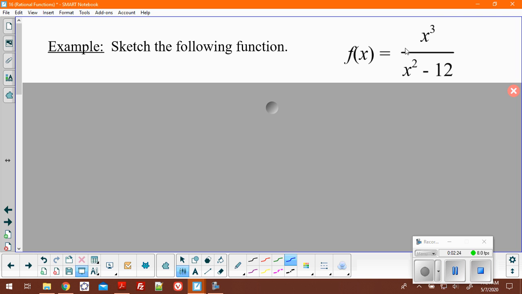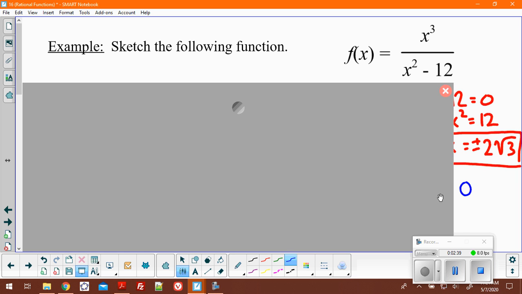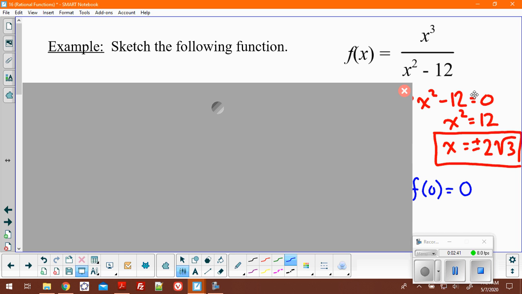So we're going to try to sketch this function, x cubed over x squared minus 12. Our first thing we're looking for is our domain. We know that the potential issue occurs at asymptotes, so I need to figure out my roots. As a quick side check, I find the roots in my denominator, and they turn out to be plus or minus 2 root 3.